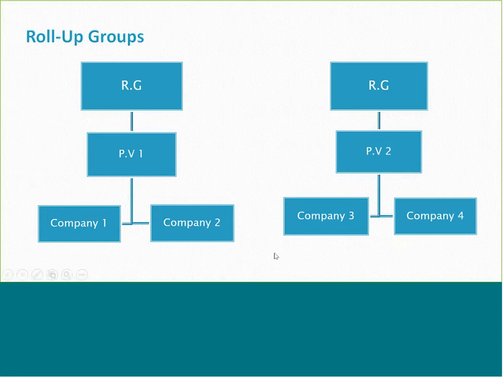You put these 2 real estate companies under one parent value, and then you put them under their own roll-up group. Okay, and then you put these 2 design companies under one parent value, and then you put them under their own roll-up group.